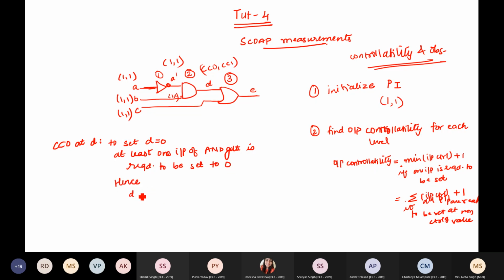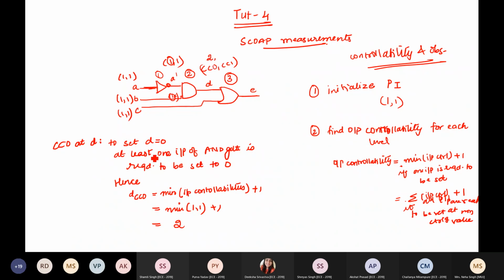Hence, CC0 of D will be equal to the minimum of input controllabilities plus 1. What are the minimum controllabilities of setting 0? This one is 1, this one is 1. Therefore, minimum of 1 comma 1 plus 1, which gives me 2. So CC0 at D will be equal to 2.